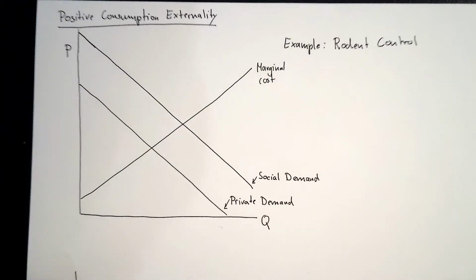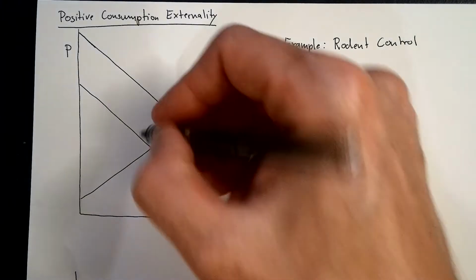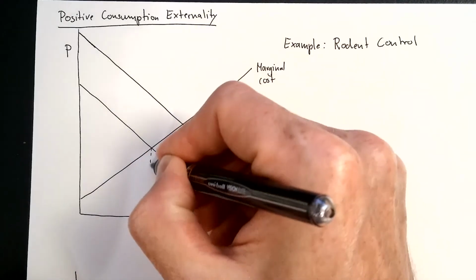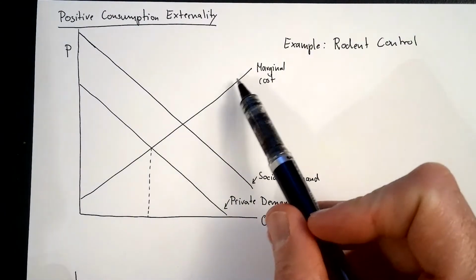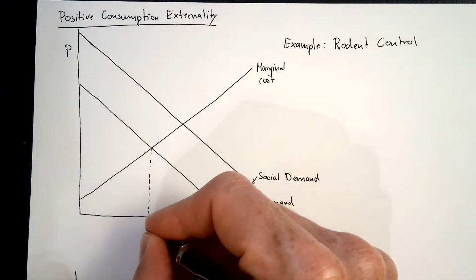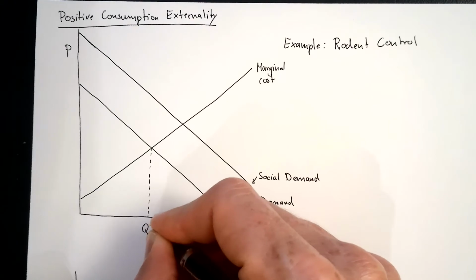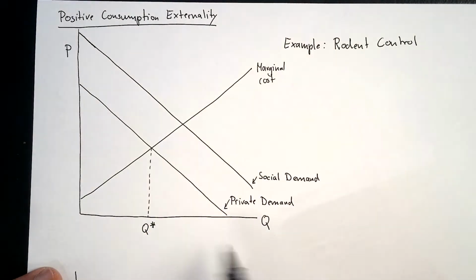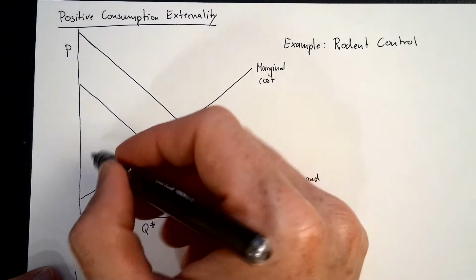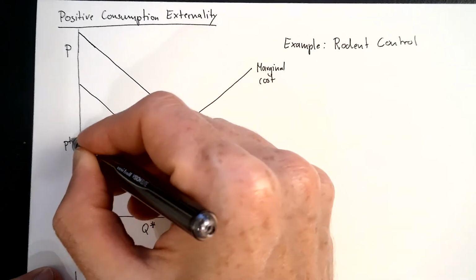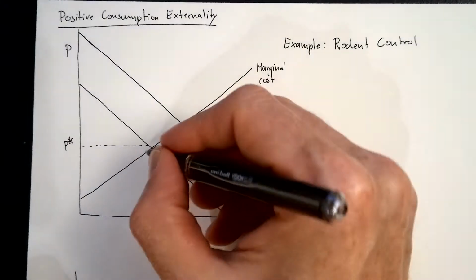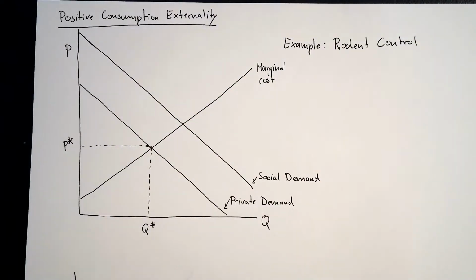Now, in the absence of any intervention, market participants are equalizing marginal cost with the private demand, and we end up with Q star. This is the quantity of rodent control, and P star is the equilibrium price.